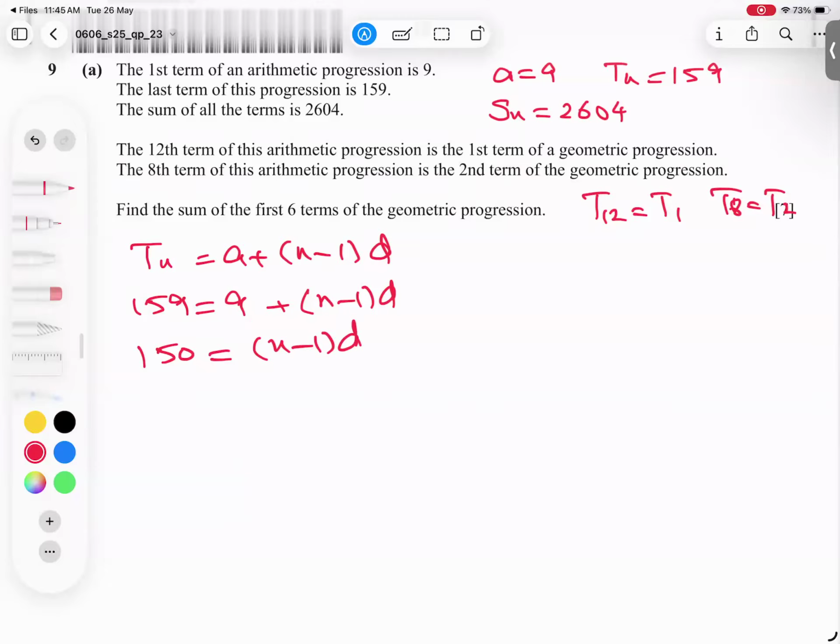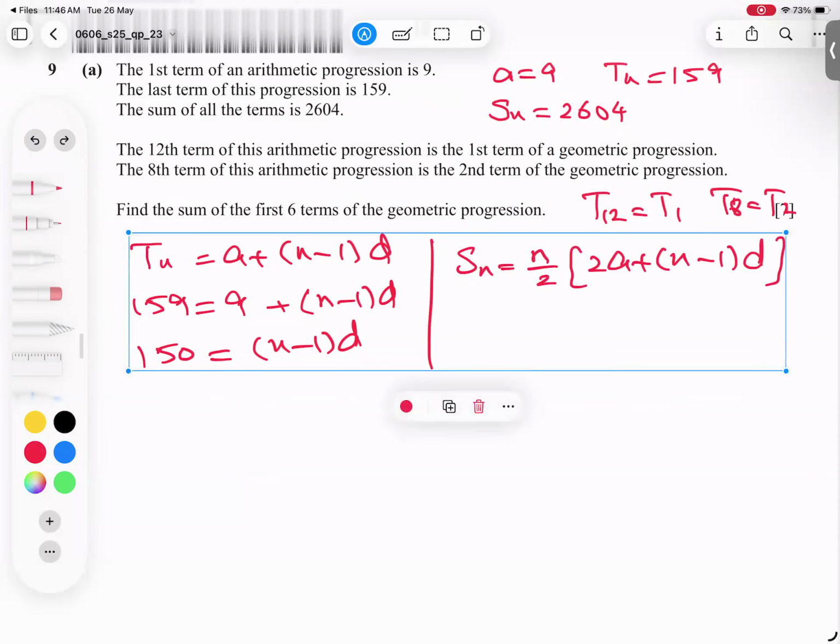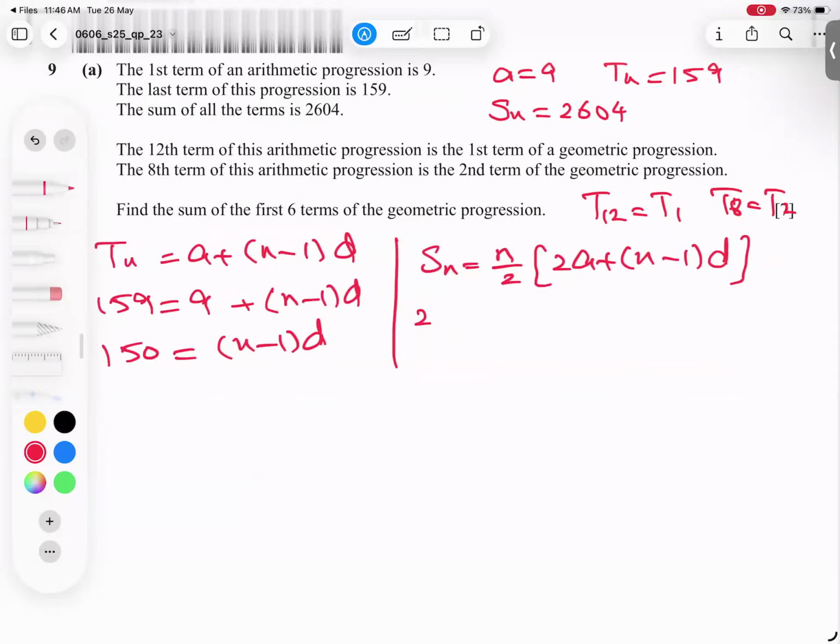Now students, I will go for the next plan, and next is the sum. So I'll use this formula: Sn equals n divided by 2 into 2a plus n minus 1 into d. Sn is replaced by 2604. 2a is 9 twos are 18, and d I don't know.